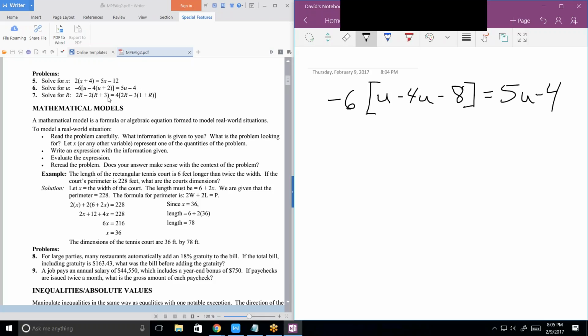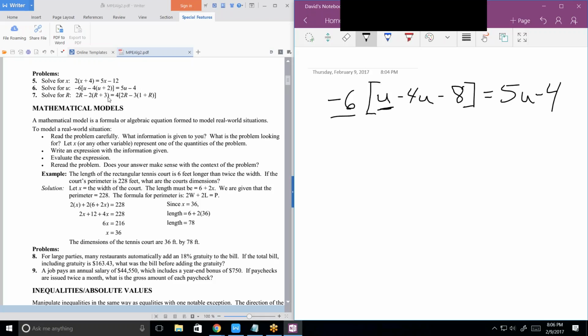Next line. You don't even have to tell me what you're doing. If you can give me the next line, I'll know what you did. Okay. So it'd be positive 18u.